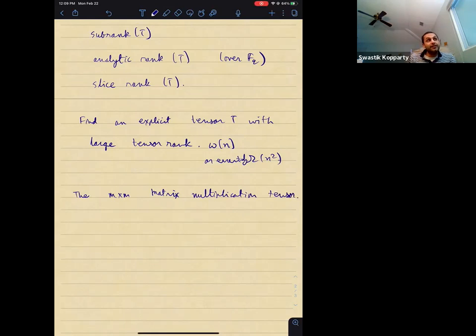This is the tensor that captures the complexity of matrix multiplication.